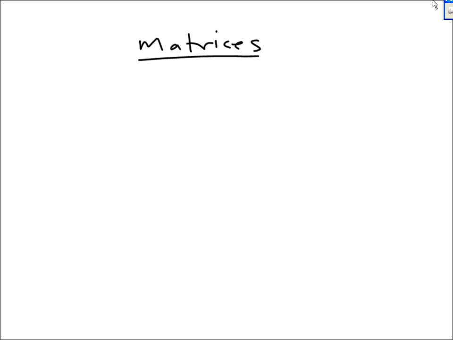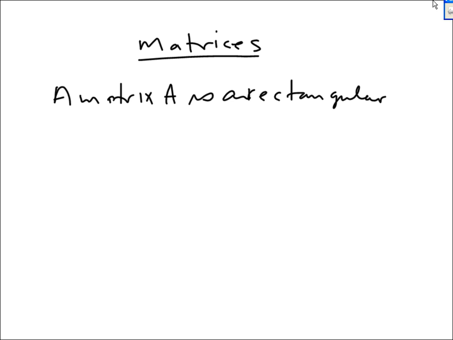What is a matrix? A matrix, let's call it A, is a rectangular array of numbers.